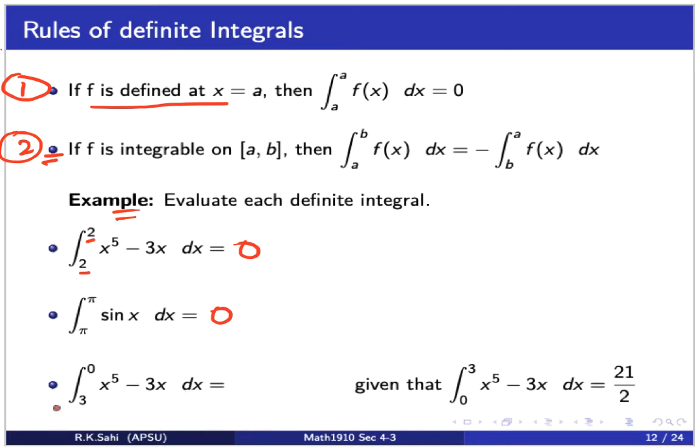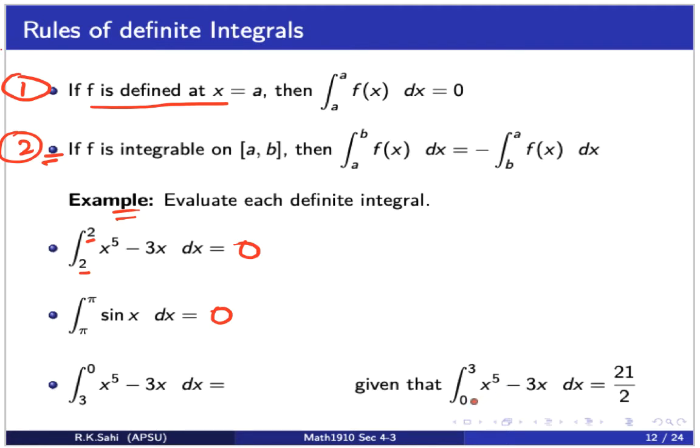Now at this point we have not learned how to find definite integrals, but what we are given here is that the integral from 0 to 3 of x^5 minus 3x dx is 21 over 2. So we will look at the answer given to us and apply rule number 2 here.